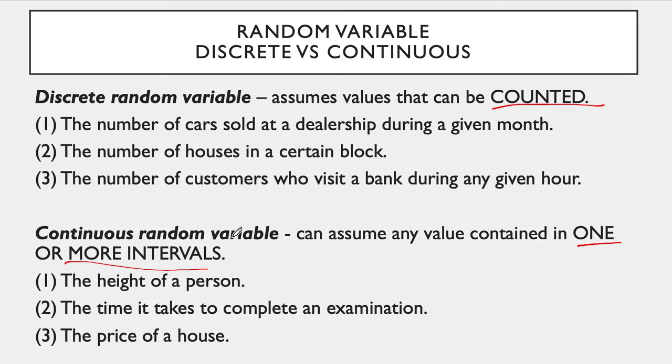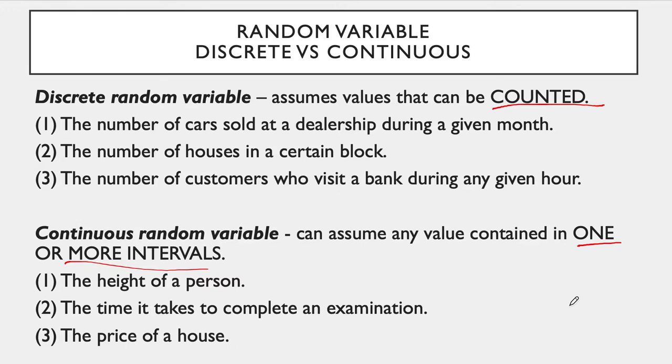We can also have examples like the life of a battery. We can measure it as precisely as we want. Notice that the life of this battery may be 40 hours, it may be 40.25, it may be 40 point something hours. If we assume the maximum life of a battery is 200 hours, we let x, our random variable, be the life of a randomly selected battery of this kind.